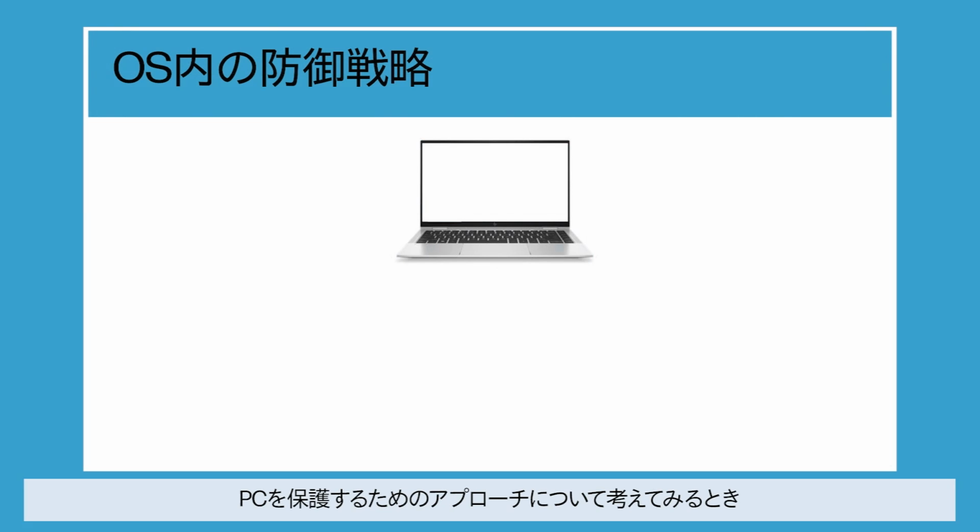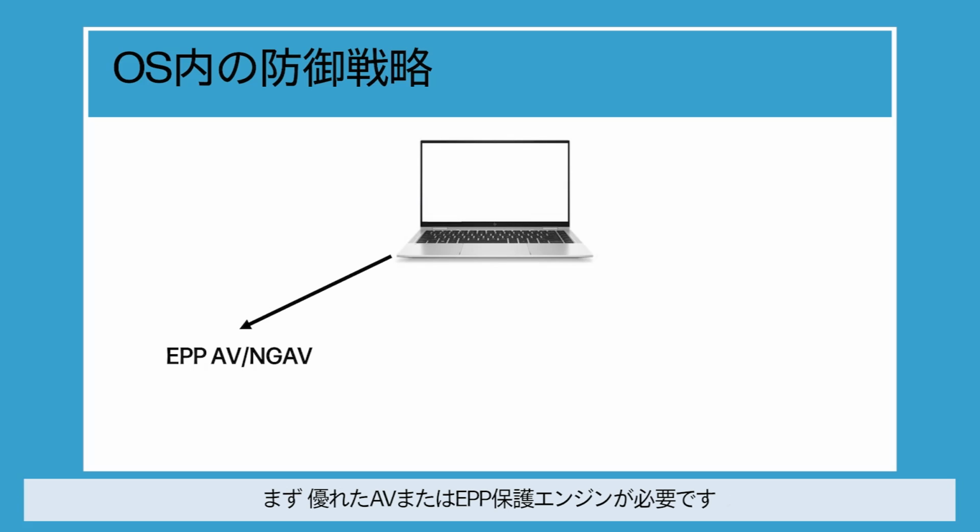And when we think about the approach that we take to protecting a PC today, there's really three key things that customers need to have implemented in order to have a complete protection for the endpoint PC. First, you need to have a good AV or EPP protection engine. And this is where AV technologies and NGAV technologies reside.